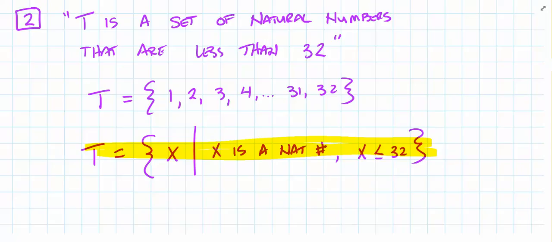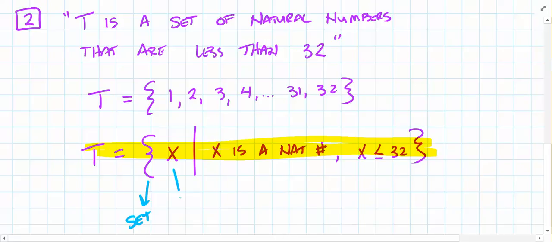Now I realize 32 is not very big, but I could easily have made that number 3,250, and I would not want to write all those elements out. We could just write this. So the way that you say this is important. We see these brackets so that we know that we're dealing with a set. We say any x, this bar right here reads such that.